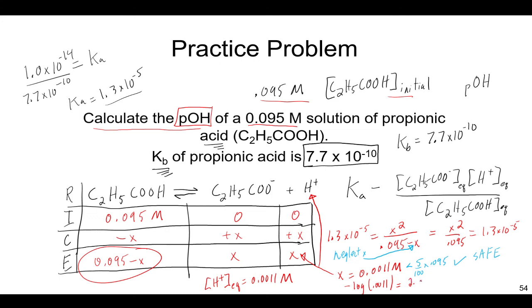That is 2.959, which means my pOH is 14 minus 2.959. And thus my final pOH here is pretty close. We'll just round it to 11.